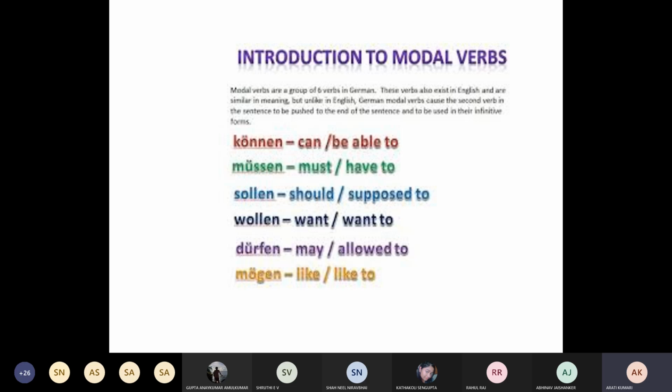For exam. So we think, für die Prüfung studieren. Or vorbereiten. Vorbereiten means to prepare.